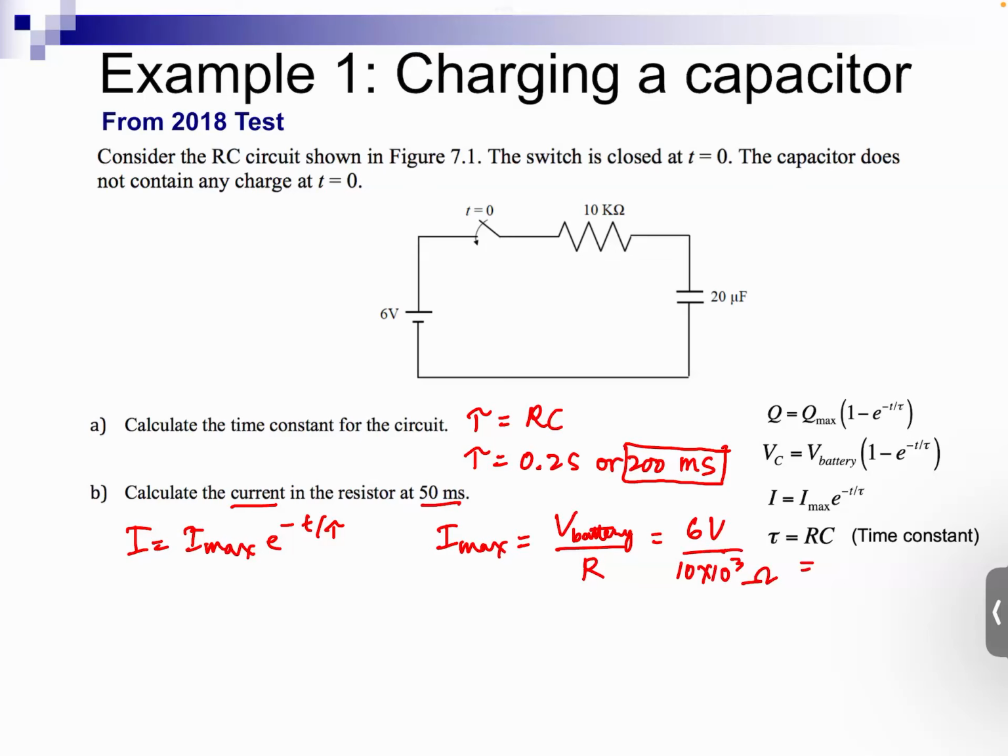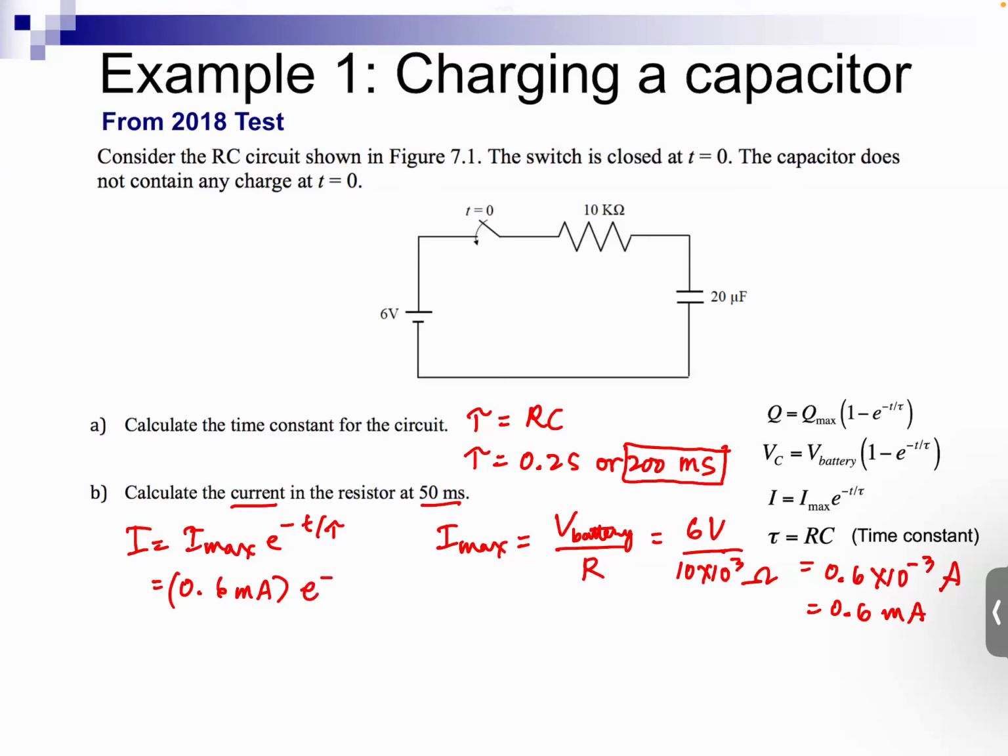That gives you a maximum current of 0.6 times 10 to the minus 3 amps, or 0.6 milliamps. So you'll need that for your I max here, 0.6. I include the units here so that we're all aware I'm working with milliamps rather than amps.